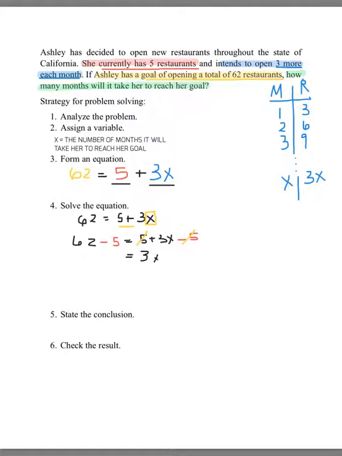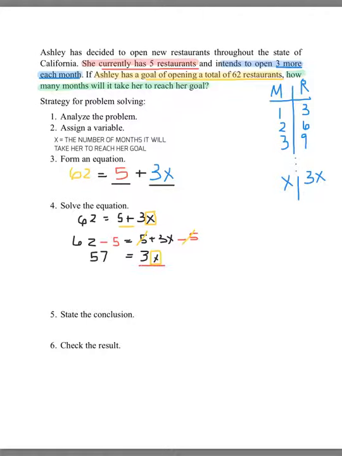And on the left-hand side, we have 62 minus 5. We could go ahead and do that off to the side as scratch work. Go ahead and do so, and then you'll see that you end up with 57. So 62 minus 5 is 57. So now the last thing to do is, again, we want to get the x completely by itself. Right now we're multiplying the x by 3. So the opposite operation is going to be division.